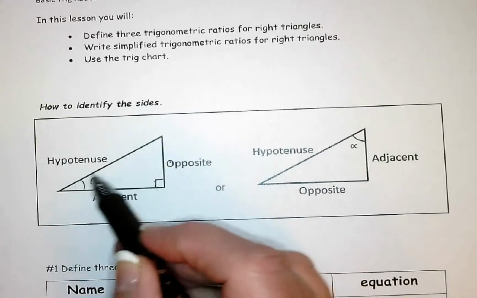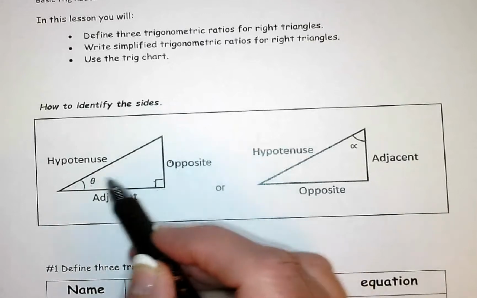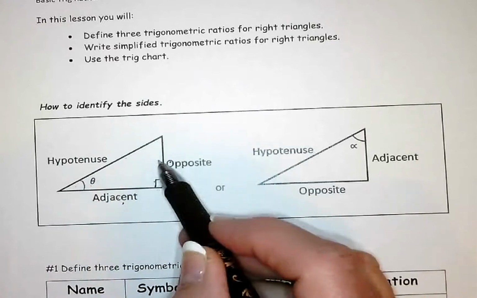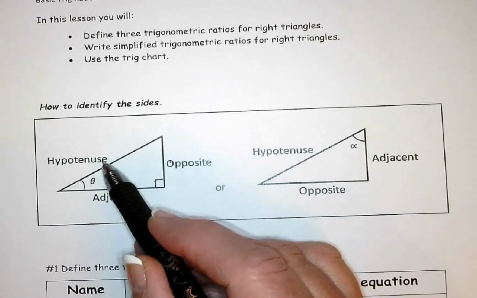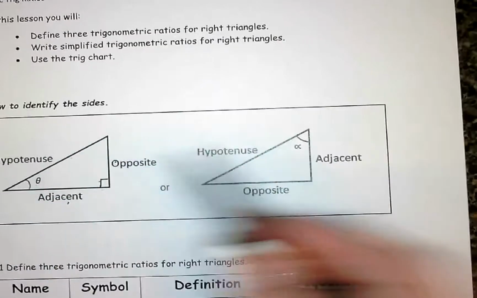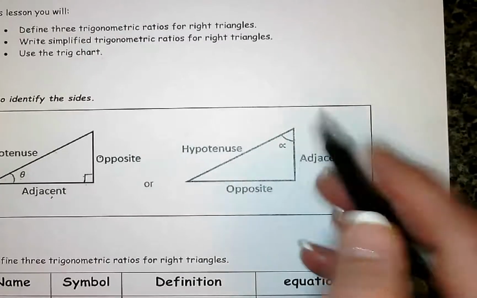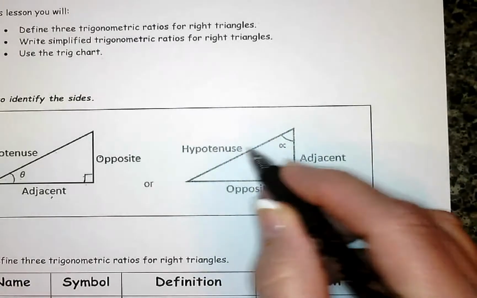So if I'm working at this angle right here, I need to identify this as the opposite side, this is the adjacent side. So like opposite is going across from it, adjacent is right next to it. And again, the hypotenuse will remain the same. If I'm talking about the other acute angle that's up here, again, 90 degrees, opposite that is my hypotenuse.